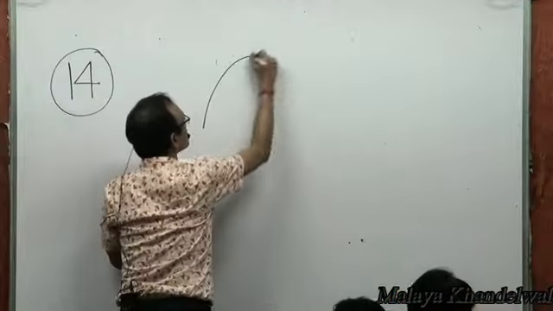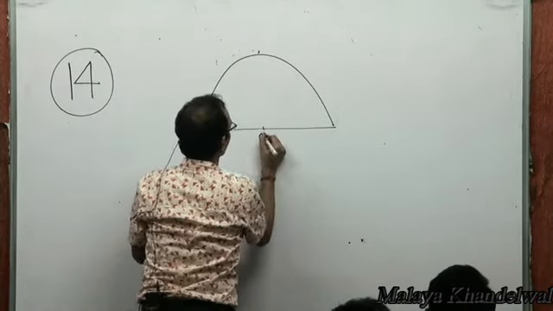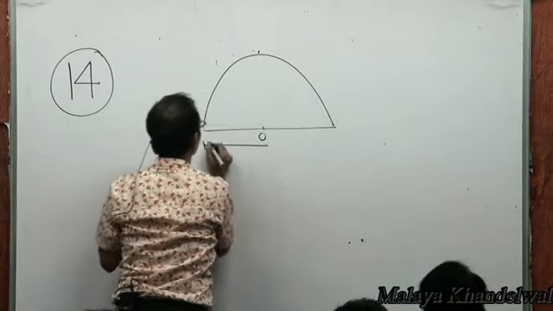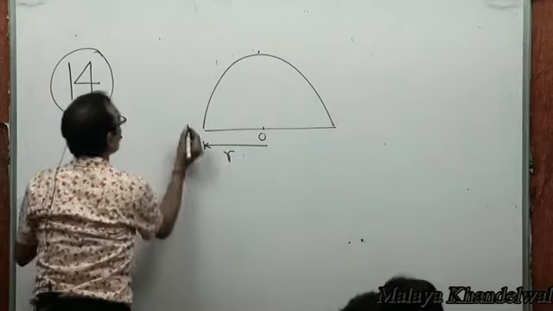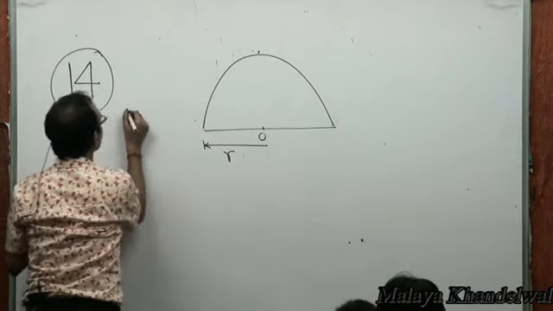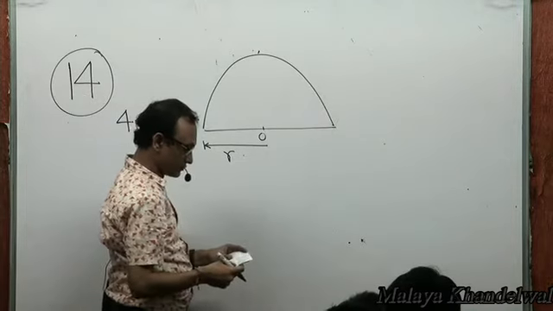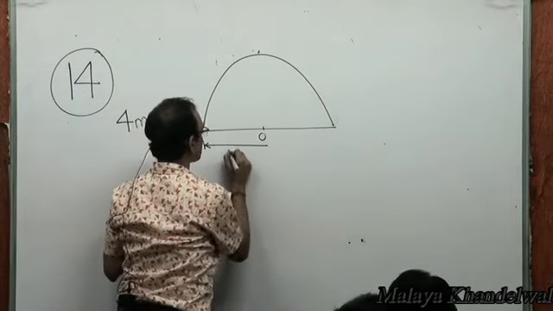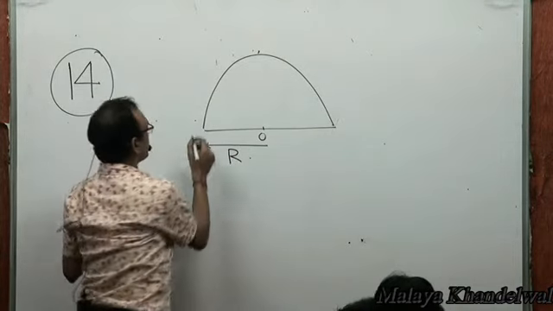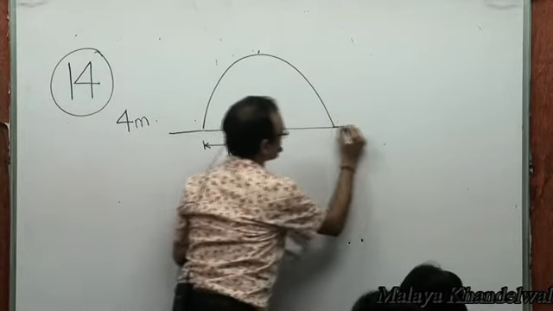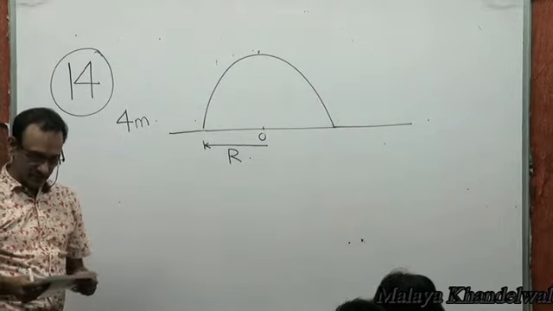In problem 14, there is a hemisphere of radius capital R and of mass 4m. The hemisphere lies on a smooth horizontal surface.